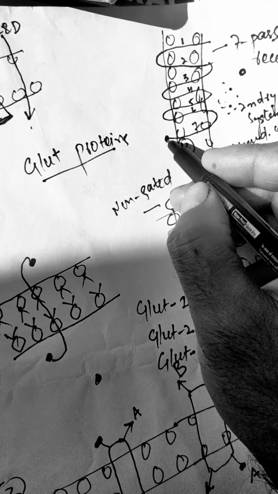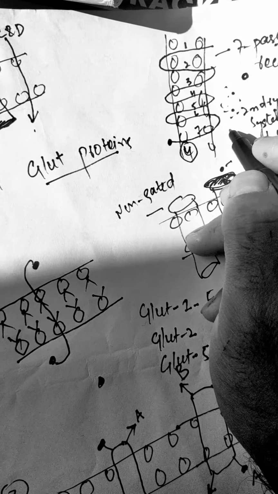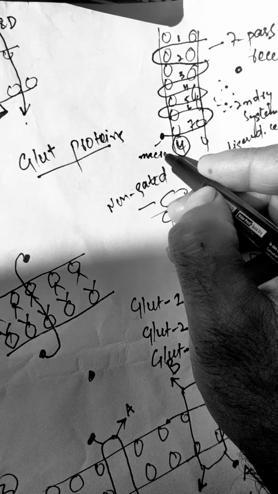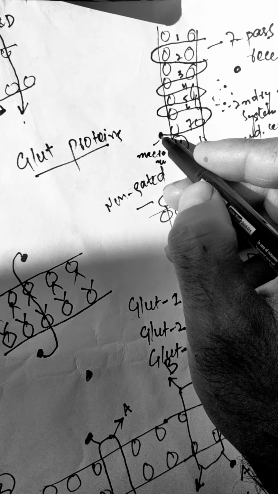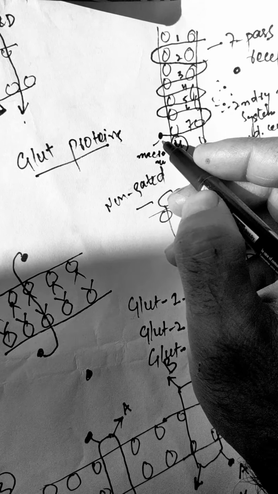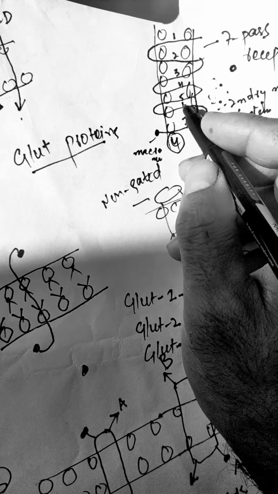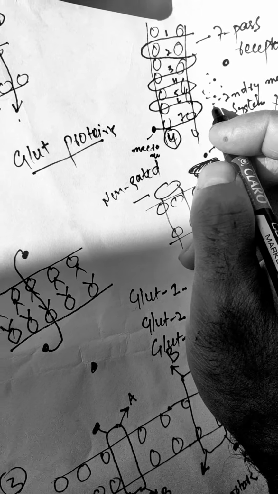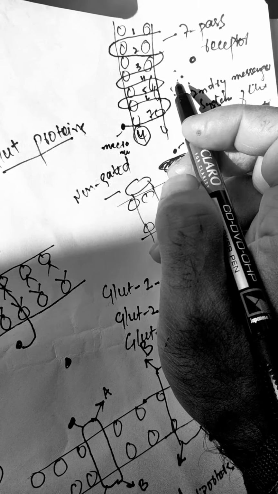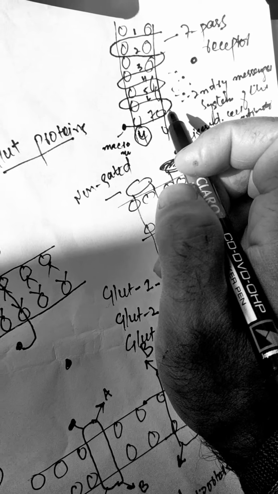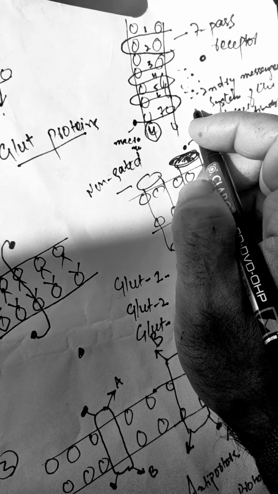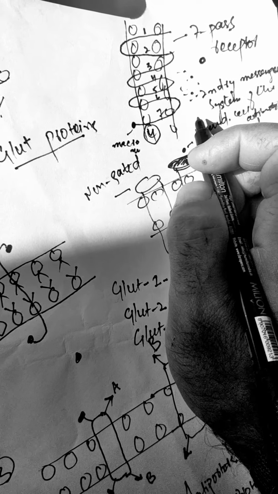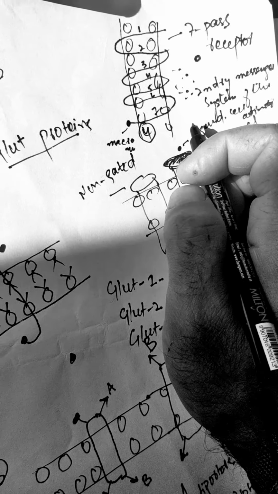In that method, the molecule cannot move through the plasma membrane because this molecule is a macromolecule. So it only conveys a signal through this receptor, and the signal directly goes into the cytoplasm. When the cytoplasm receives a message from this protein, the secondary messenger system of the cell is activated.